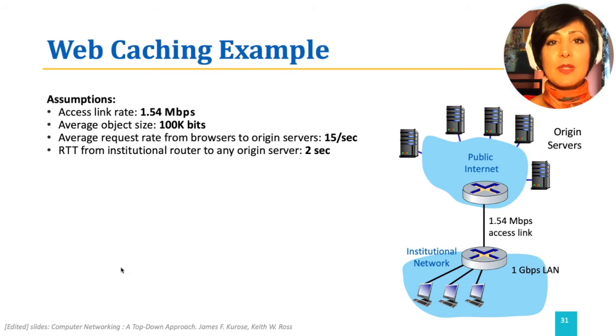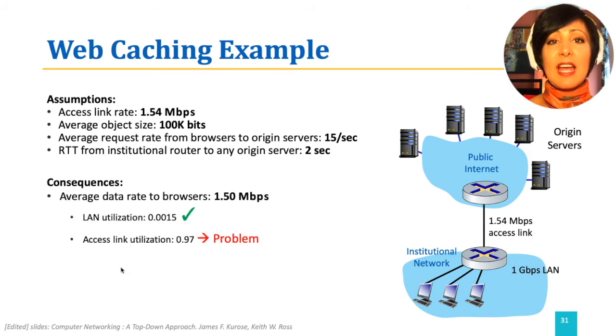Based on these assumptions, we can see that the average data rate to browsers is 1.5 megabit per second, which is found by multiplication of requests per second and average object size. The utilization of the 1 gigabit per second LAN serving 1.5 megabit per second will be pretty low, which is good.